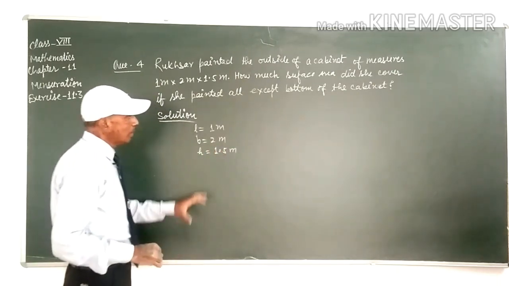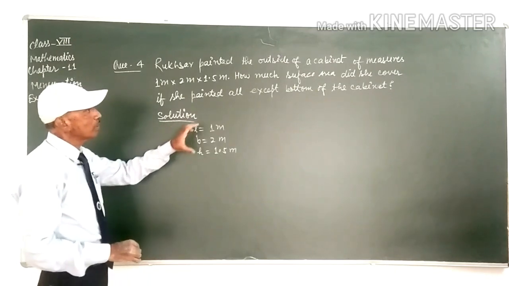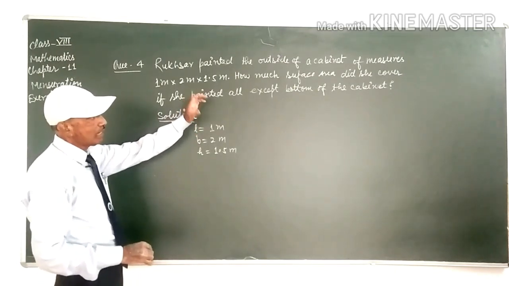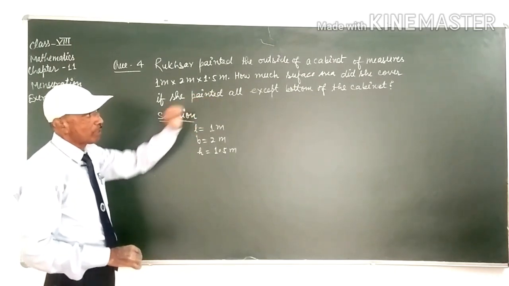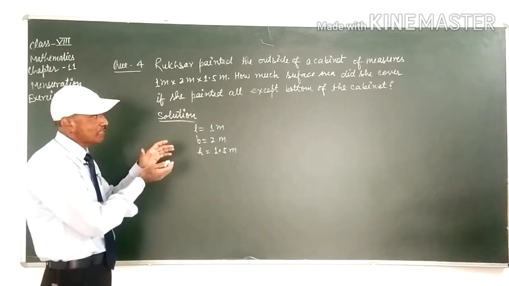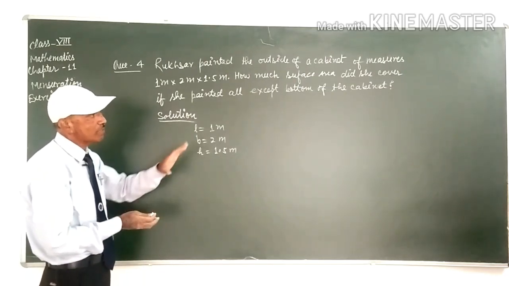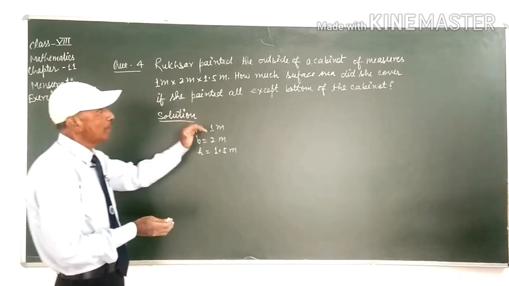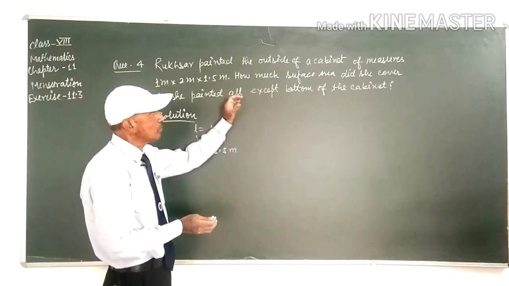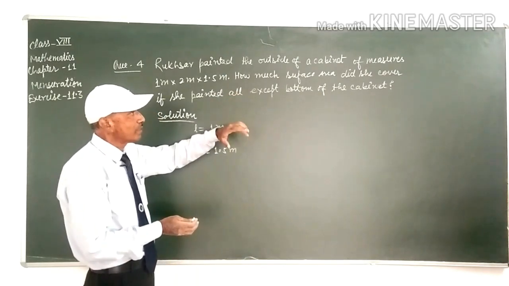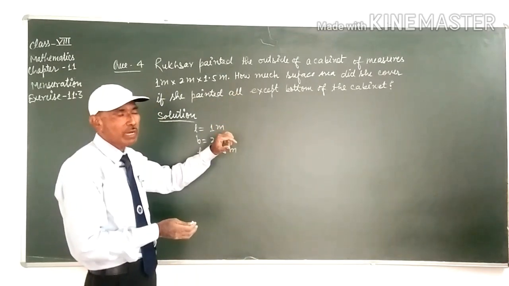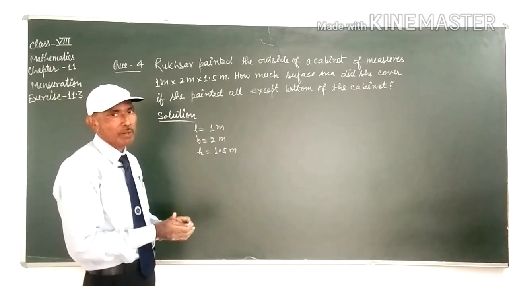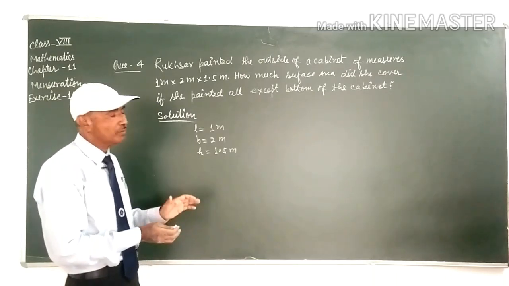Now we have to find the total surface area of the cabinet except the bottom. We do not have to find the surface area of the bottom; except that, we have to find all the surface area, students. So we have to find the total surface area, that is area of four walls plus area of the top of the cabinet. Clear students?